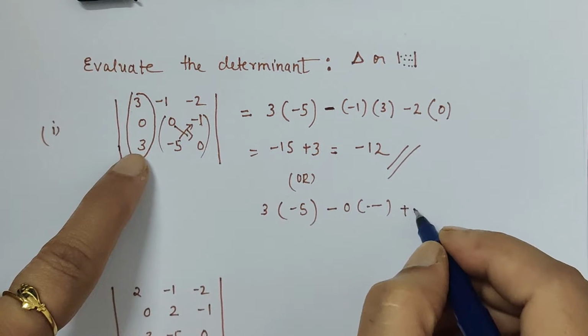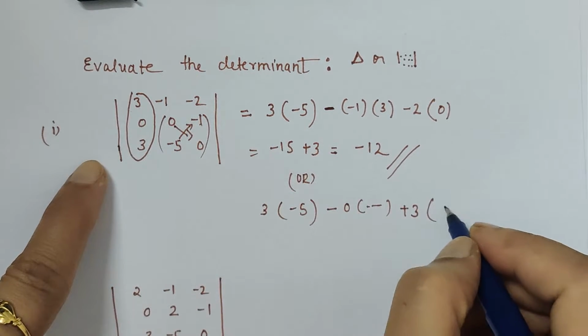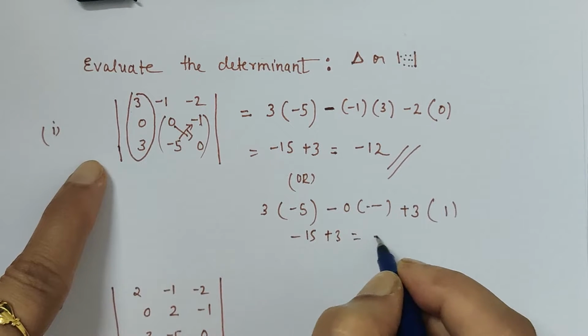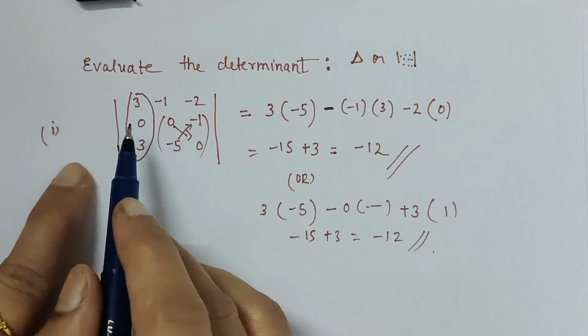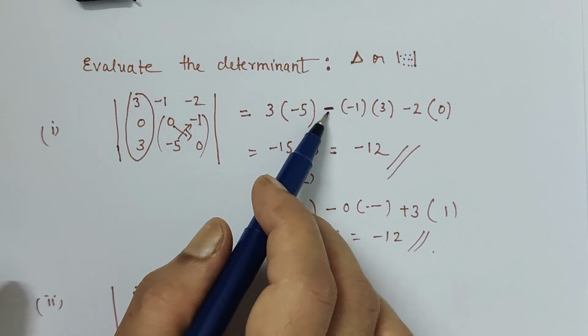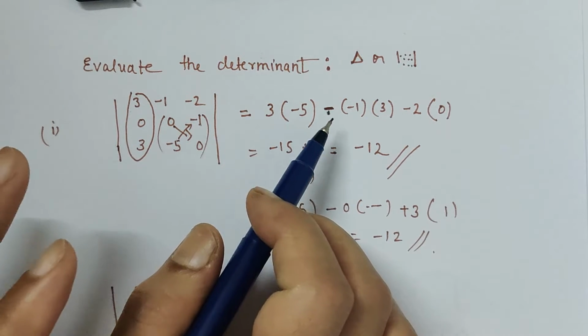So eliminate it, no need to write. So 3 times this is 1, 3 5s are 15, -15 plus 3, again we got -12. So keeping in mind that when the position of the element is odd, we have to put a negative sign before calculating, the result will be obtained.